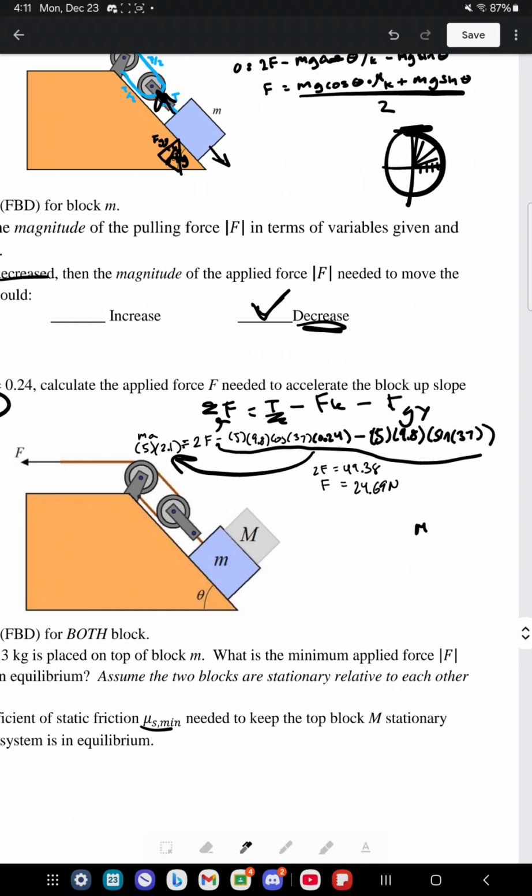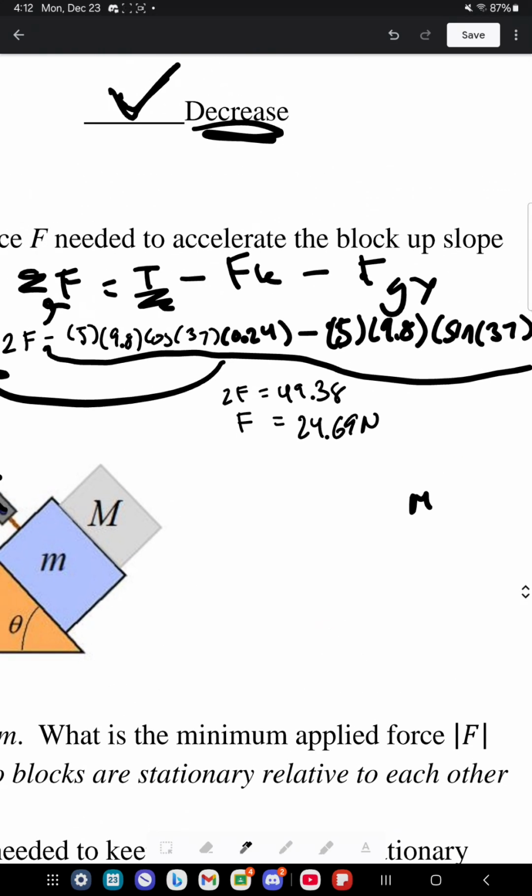If the line of motion is said to be going that way, then this has an F of g in the x direction, as well as an F of g in the y direction. And if it has an F of g in the y direction, there is also an F of n.